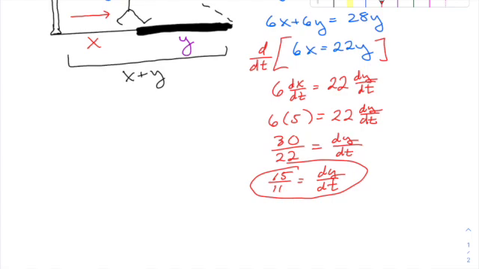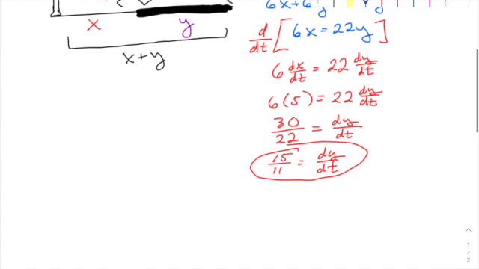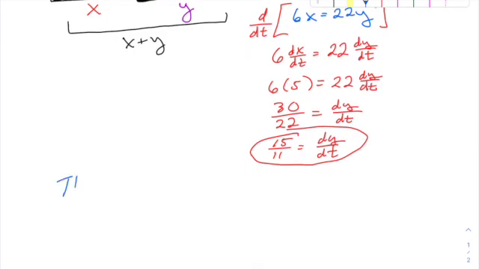But with related rates, I always like to write a sentence. It's a word problem, so let's answer with words. And we were trying to describe the rate of change of the length of his shadow. So the man's shadow, and I usually like to try to incorporate the word increasing or decreasing when what I found is a rate. So my rate is positive, meaning the shadow's getting longer.